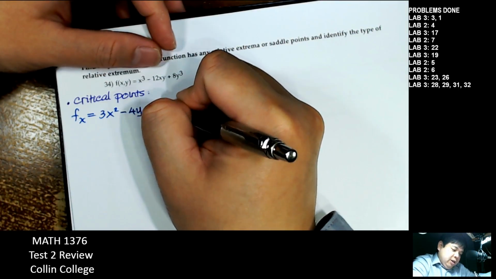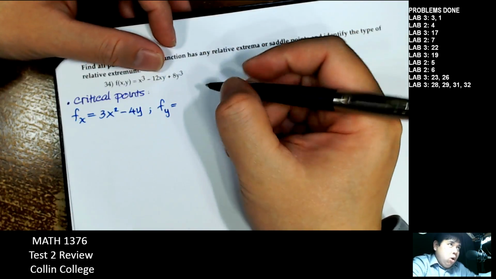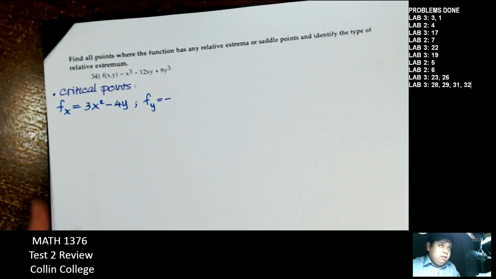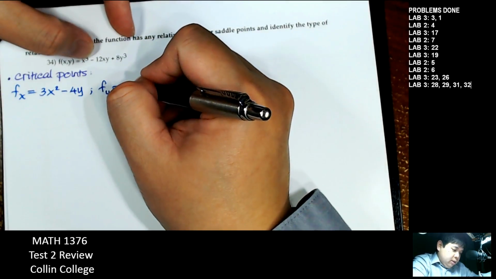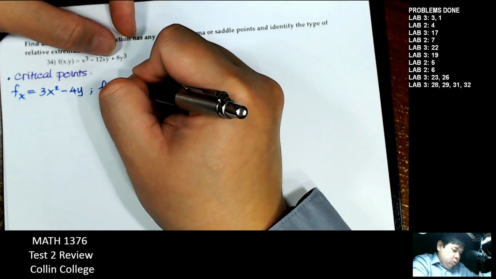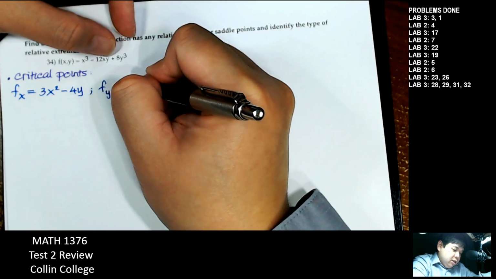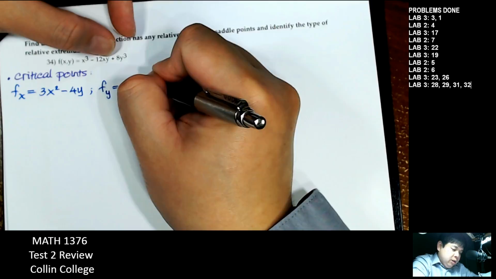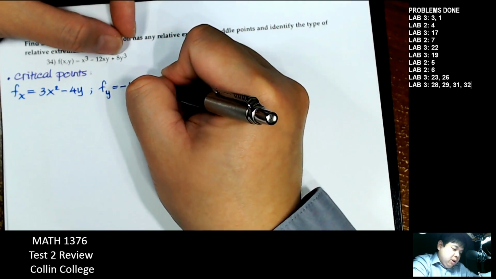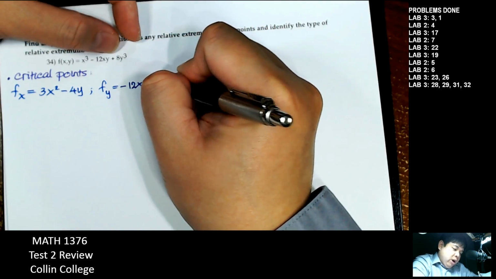The derivative of this function with respect to y: negative 12x is constant, the derivative of y is 1, plus that will be 24y cubed.